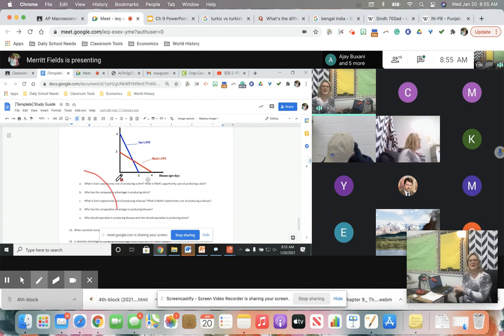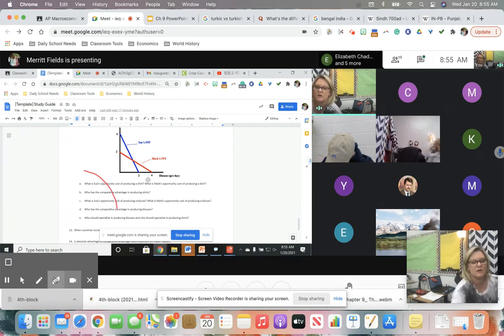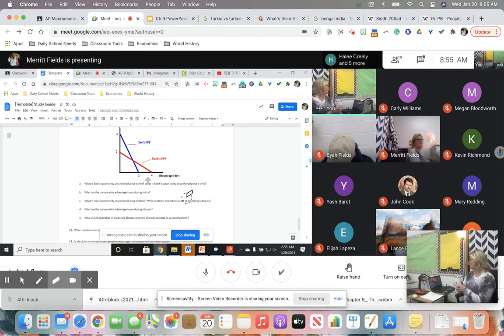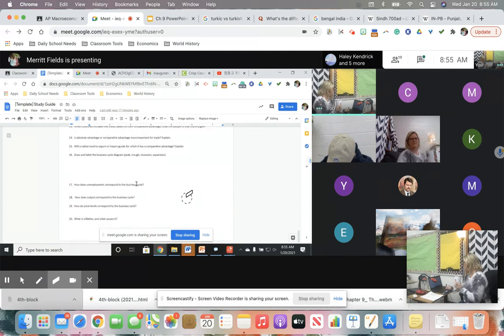That might be one you want to work on before you come in tomorrow and we can practice comparative advantage in terms of trade tomorrow morning. So, let's see, those are all about absolute and comparative advantage.